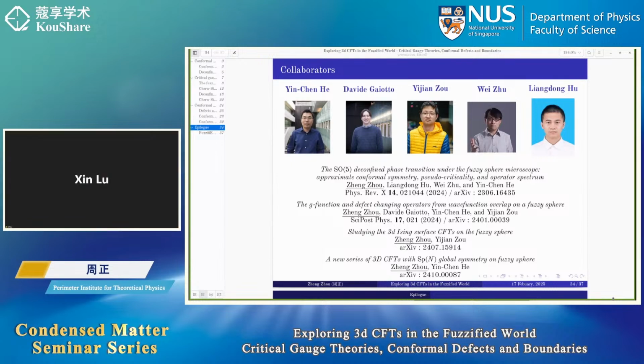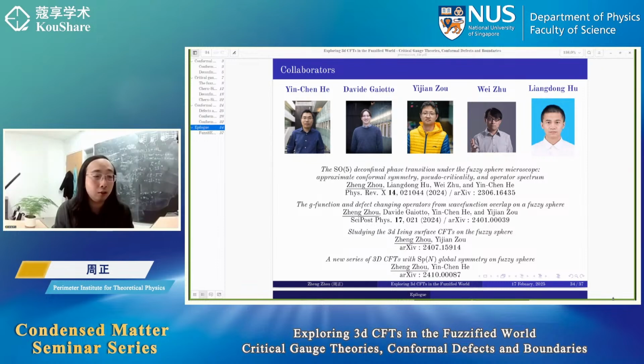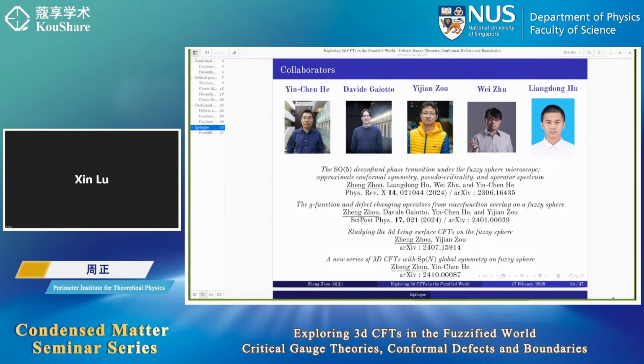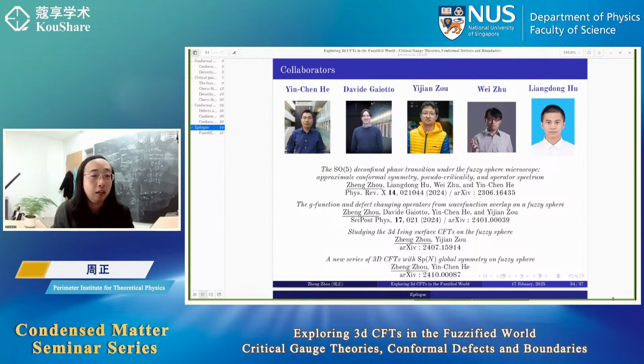But for example, for the ED and DMRG calculations, the large N goes very bad. For the DMRG, the local dimension actually grows very fast with N.